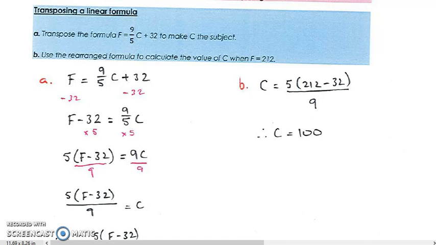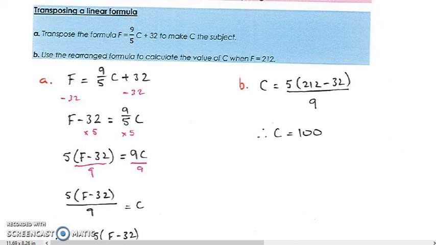Now, as you can see, the C on the right hand side has a 9 over 5 attached to it, and then a plus 32. The first thing we want to do is get rid of that plus 32, so we're going to apply the inverse operation of plus 32, which is take away 32. Whatever we do on the right hand side, we're also going to do on the left.